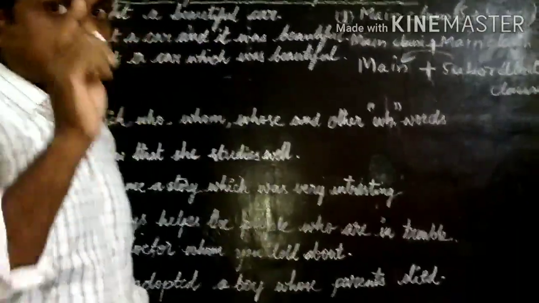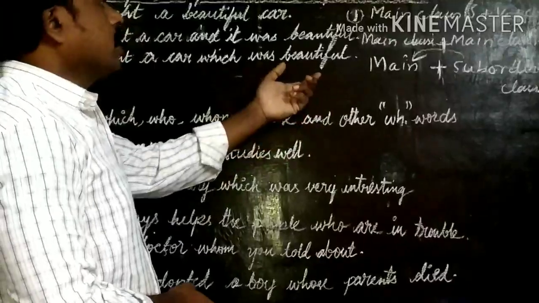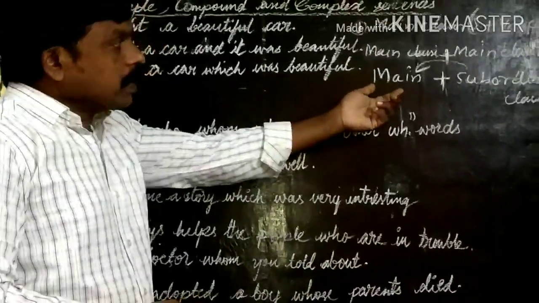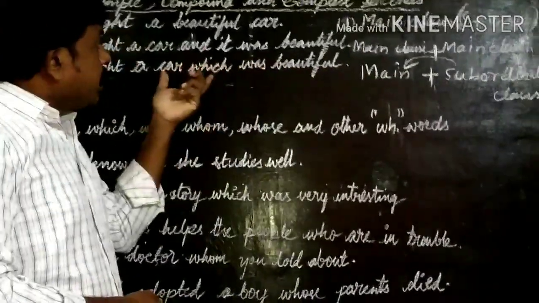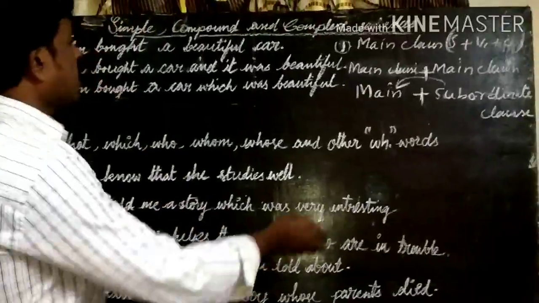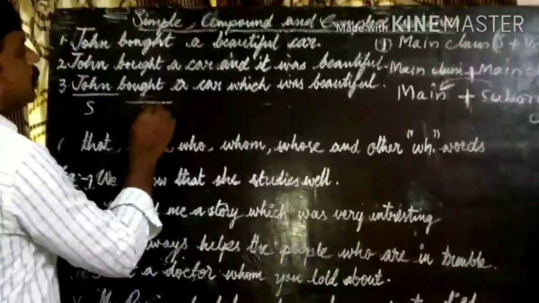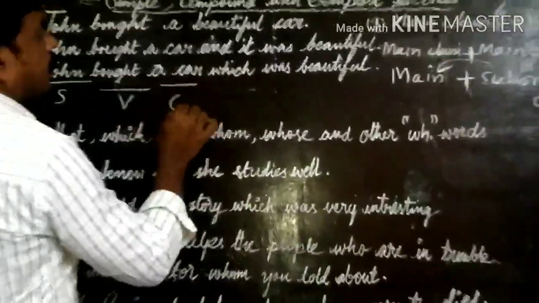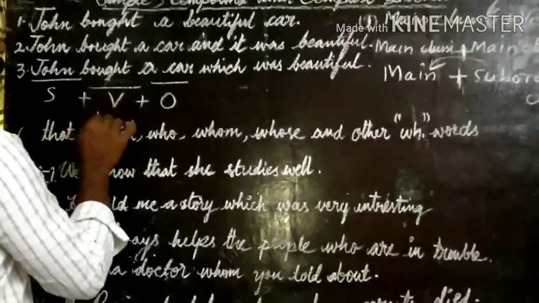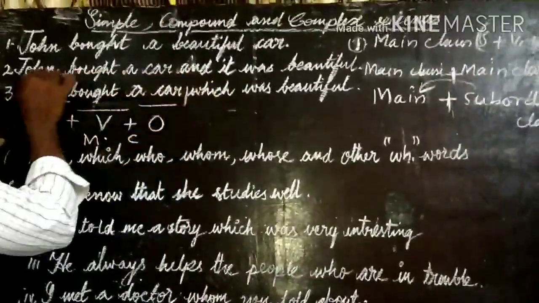We have already learnt this in our previous discussions. But here, a complex sentence is always a combination of a main clause and a subordinate clause. Let us look at the blackboard. John bought a car. Here, this is a main clause.